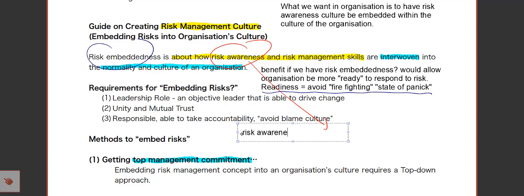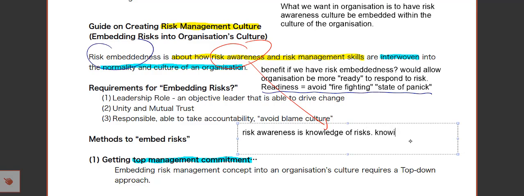Now, risk awareness is knowledge. When people tell you you have good awareness, it means you have knowledge. Knowledge of what? Of risk. Knowledge of knowing why or when risks occur.